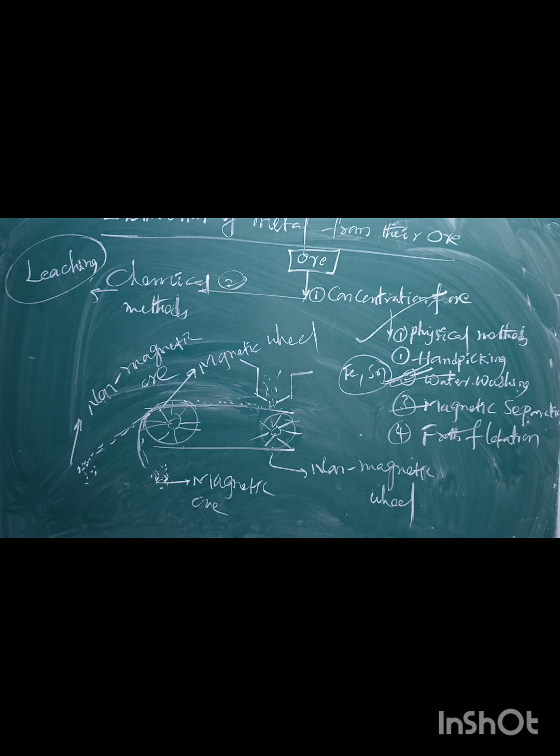For example, chromite from siliceous gangue, rutile from monazite, and wolframite from cassiterite are separated by this magnetic or electromagnetic separation method. Simply, we can separate the magnetic and non-magnetic ore particles by using electromagnetic separation method.